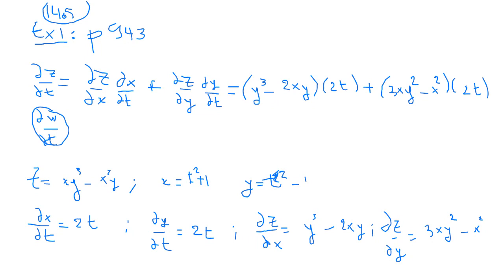And well, I checked the solution here. They didn't expand, I mean, they didn't replace y or x by their expressions in terms of t. I would say that definitely there is no need to do that. Here I've just simplified the form. So write it as 2t times y cubed plus 3xy squared minus 2xy, and finally minus x squared.